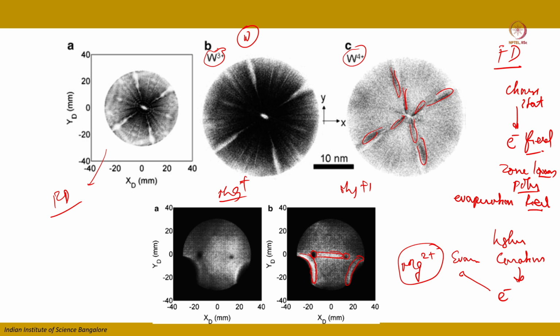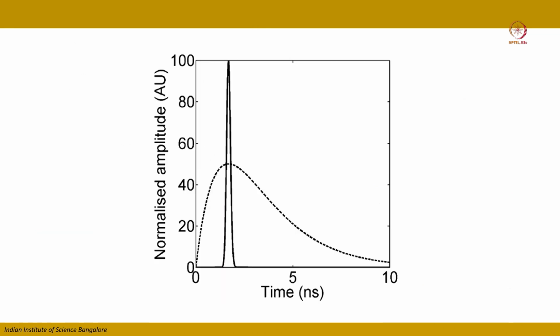So we can use these field desorption images to locate the poles, to get the zone lines, and also to explain how the charge state is distributed along these low density regions.